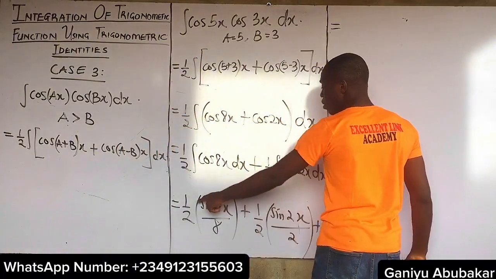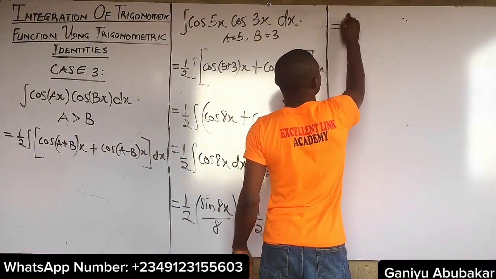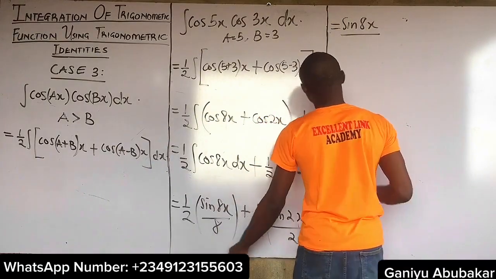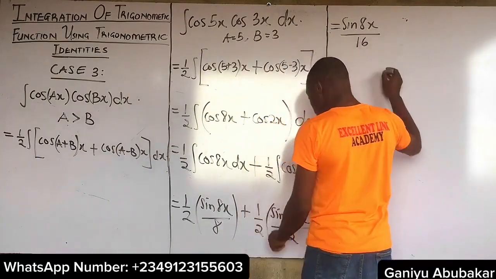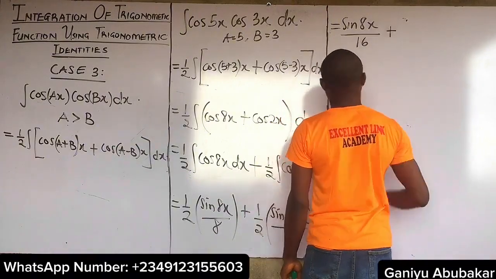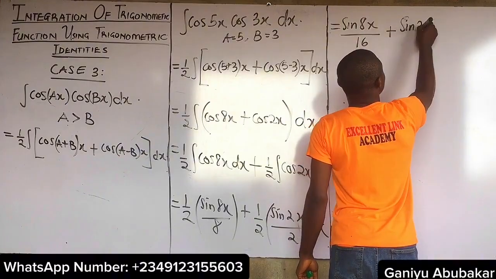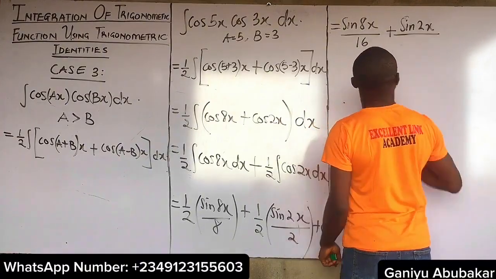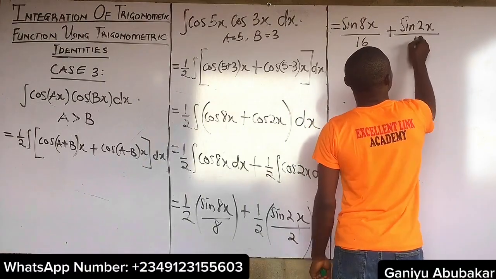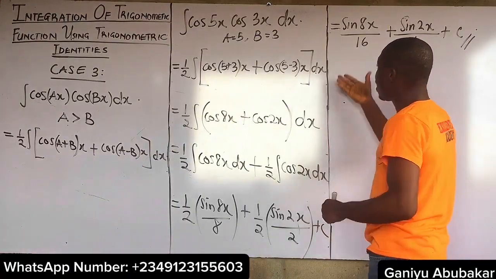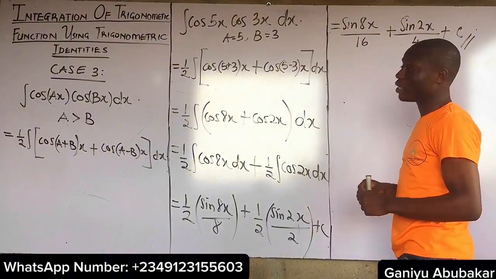Simplifying better, 1 times sine 8x becomes sine 8x all over 2 times 8, which is 16. This is a plus sign here. 1 times sine 2x gives sine 2x all over 2 times 2, which is 4, plus c. This becomes my answer after solving a problem like this, as you can see.